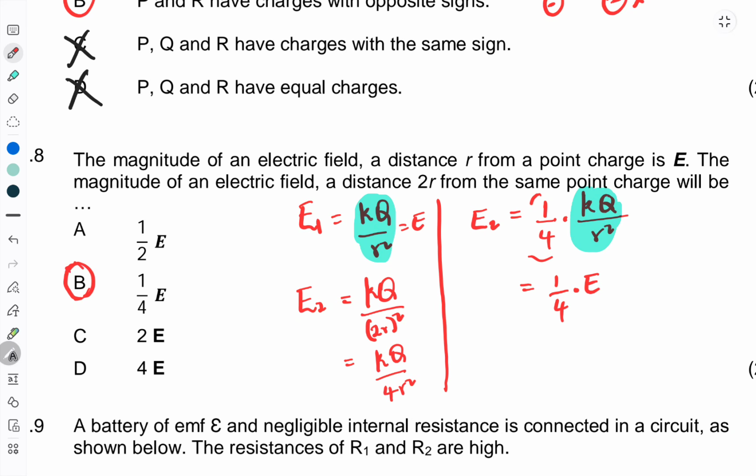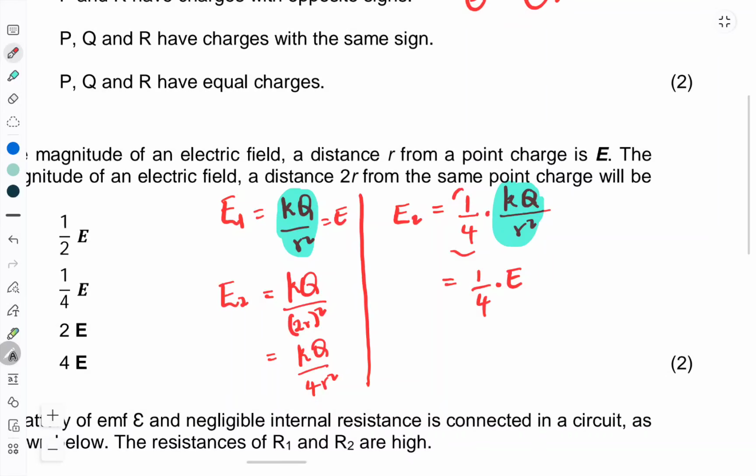So even if you did the other method I showed you before, where you take the ratio and say E1 over E2, you would get the same thing. Even if you say E1 over E2, you still need to make E2 the subject, right?